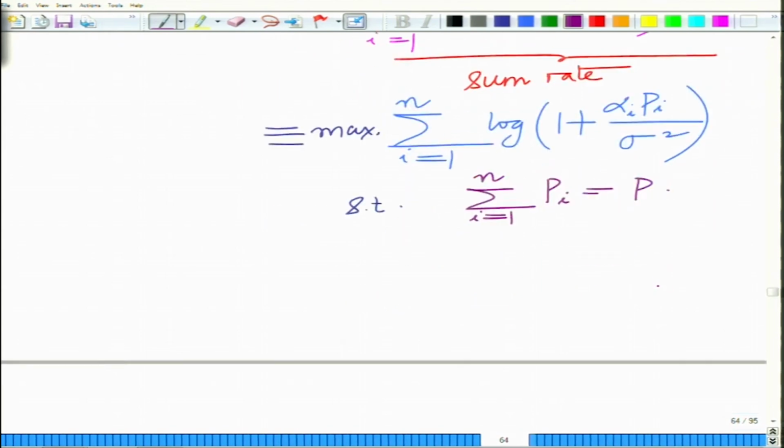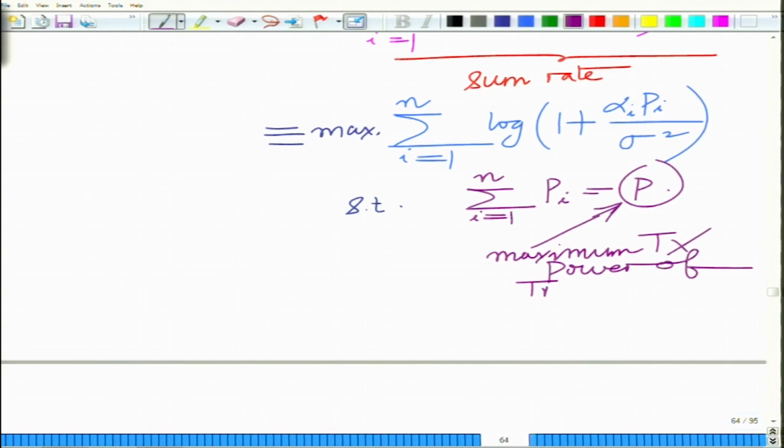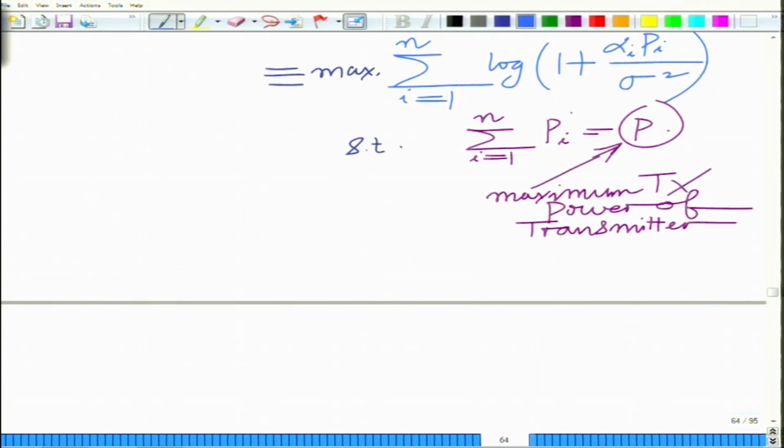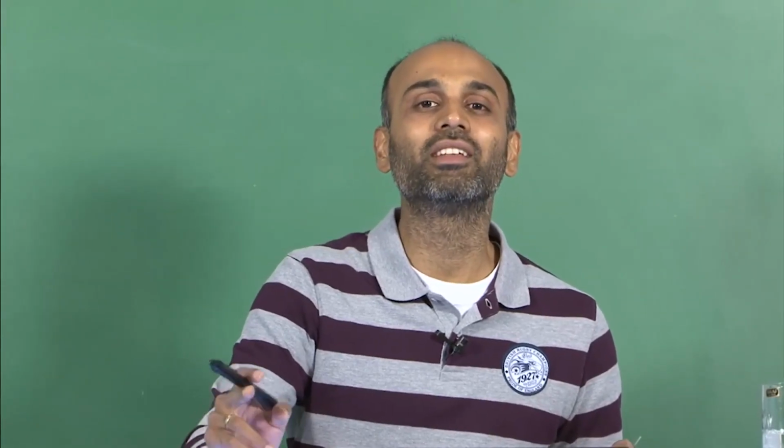You can think of this P as the maximum transmit power of the transmitter. So the sum of the powers across all the channels has to be P, and in addition, remember it is power, so power has to be non-negative, which means each Pi has to be greater than or equal to 0.